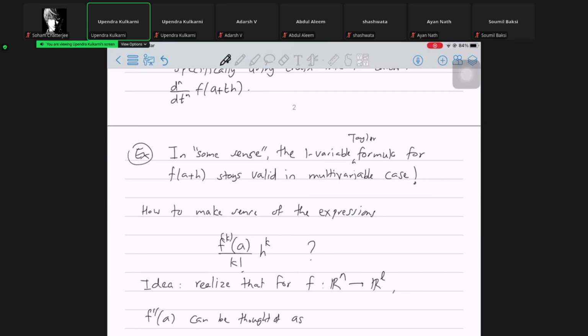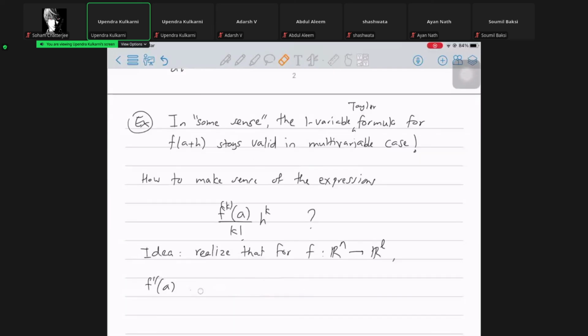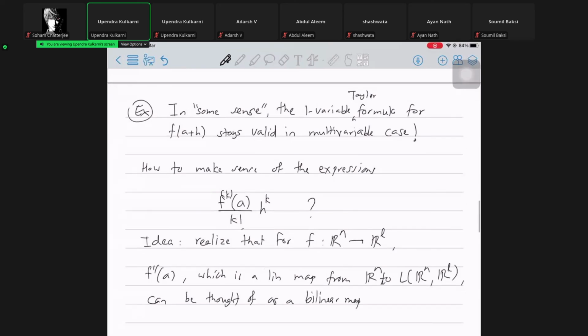It is a linear map from Rn to the space of linear maps from Rn to Rl, and it can be thought of as a bilinear map from Rn cross Rn to Rl.